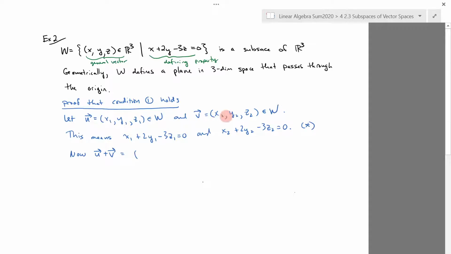It's just adding the two vectors together. The x coordinate will be x1 plus x2, the y coordinate will be y1 plus y2, and the z coordinate will be z1 plus z2.